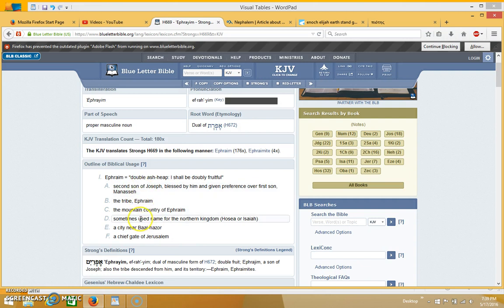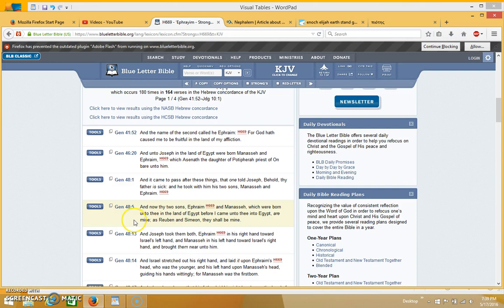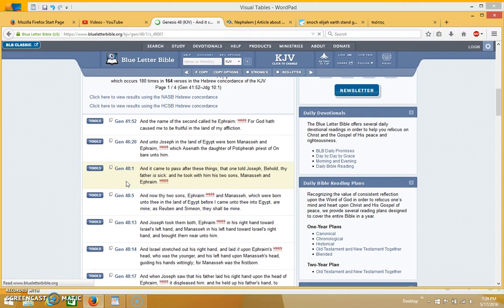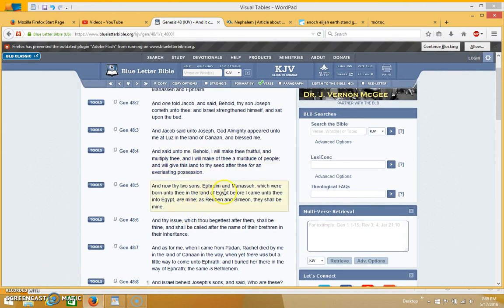And I'm not sure if it's evident in this passage over here, but it's evident in Genesis 48 when I believe it was Isaac gave the blessing to Ephraim and Manasseh. And he actually gave the blessing of the firstborn to Ephraim, even though Manasseh was born first.